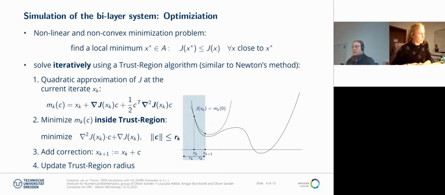So this is the whole blue area here. Yeah, and at the end, when we have minimized this quadratic approximation, we get a correction that we can add to the current iterate and then move on iteratively until we find a local minimum.